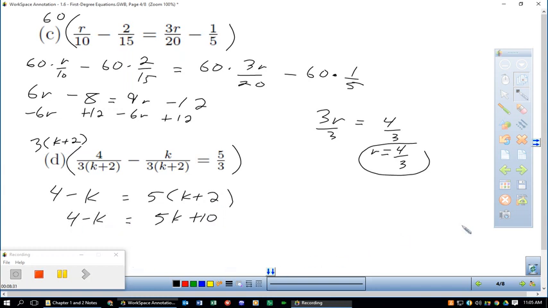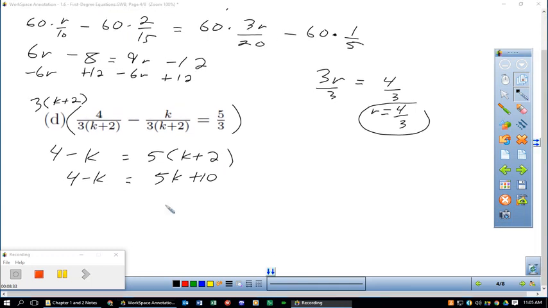So that should leave us with, if we move things around, adding that we get 6k. Subtracting 10, we get negative 6. So k should be negative 1. Okay, k equals negative 1. All right, so let's plug that in and make sure nothing goes wrong.